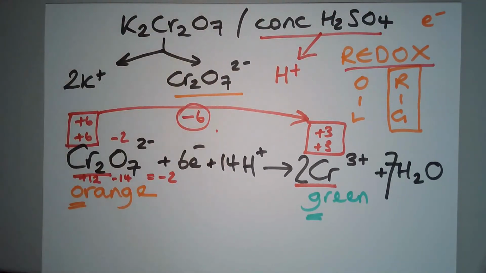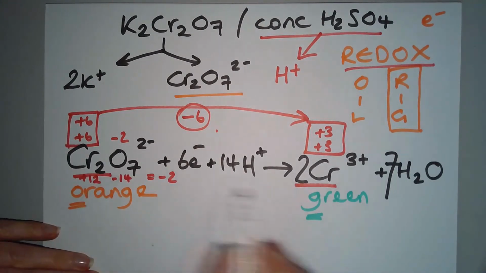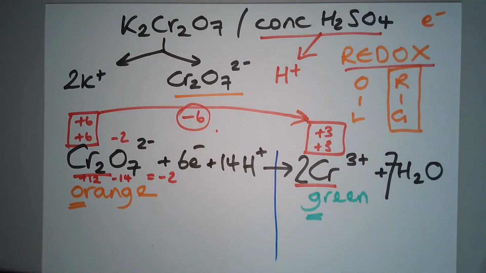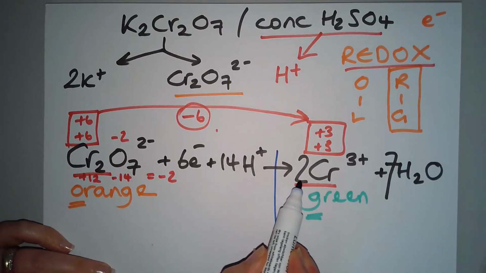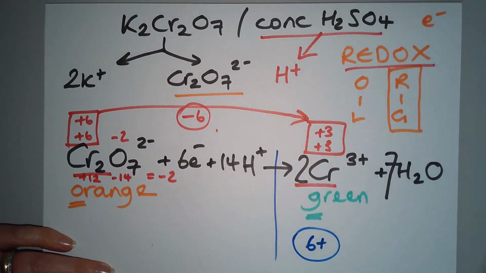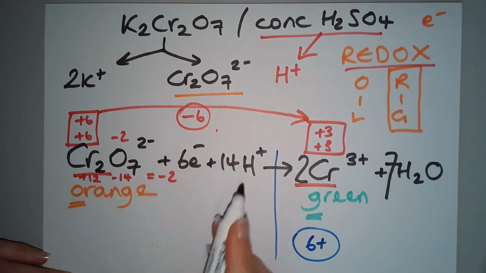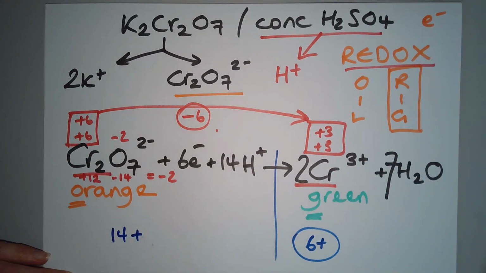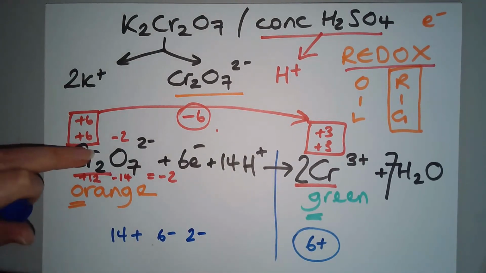Reduction is gain. Now it's not over just yet because we do need to check that not only is it balanced for species, but it's balanced for charge. So on the right hand side we've got 2 lots of 3 plus, so that's a 6 plus total. On the left hand side, we've got our 14 protons there, 14 pluses, and then we've got the 6 electrons, and we've got the 2 minus charge of the dichromate.